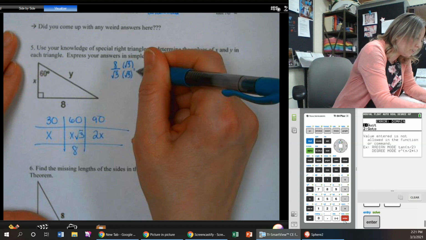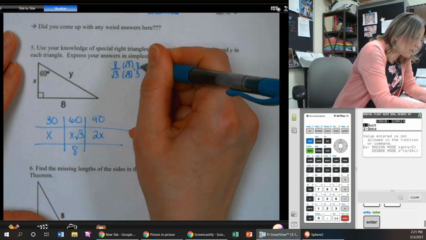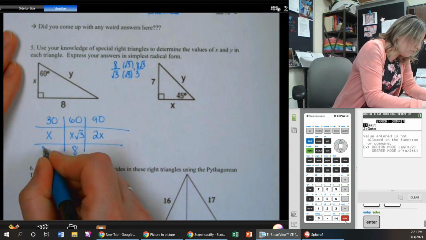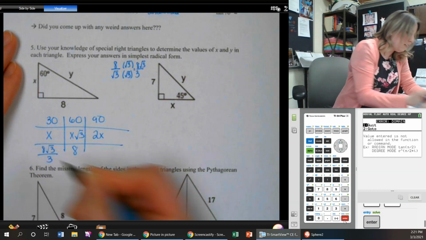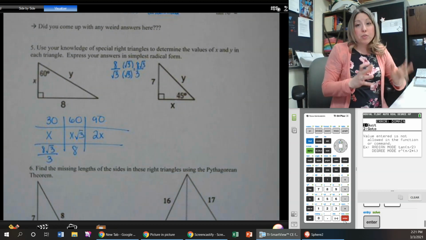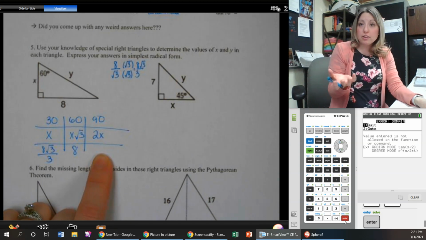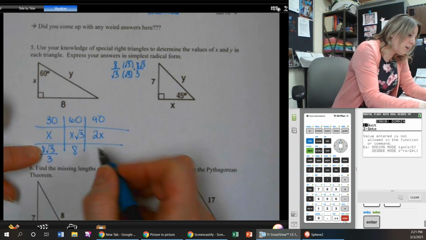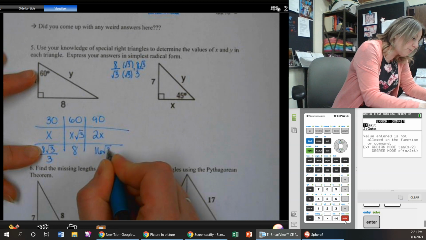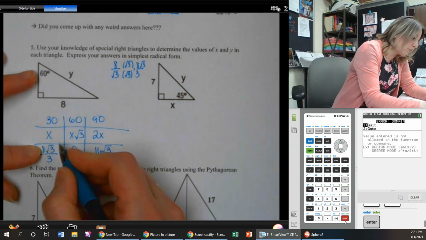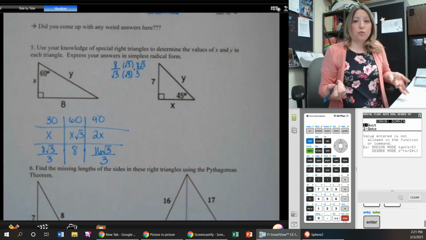So I get 3 in the denominator and 8 radical 3 in the numerator. So 8 radical 3 over 3 ends up being my answer there. Multiply that by 2 to get the hypotenuse side. So 2 times 8 radical 3 over 3 is 16 radical 3 over 3. Okay, that's where I would get my answers from.